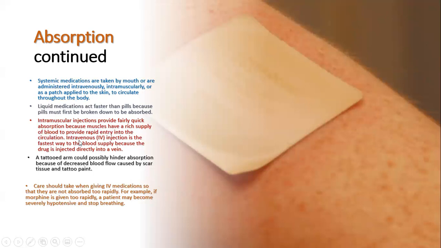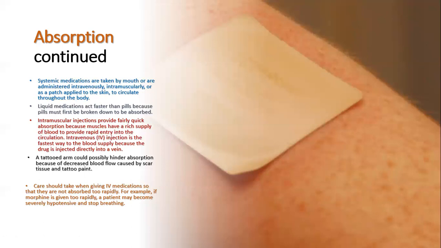What else? Intravenous. Intravenous injection is the fastest way to reach the blood supply because the drug is injected directly into the vein. So you deliver the medication inside the blood, and blood is the circulation. It brings it to the site of action. Care should be taken when giving IV medication so that it is not absorbed too rapidly.